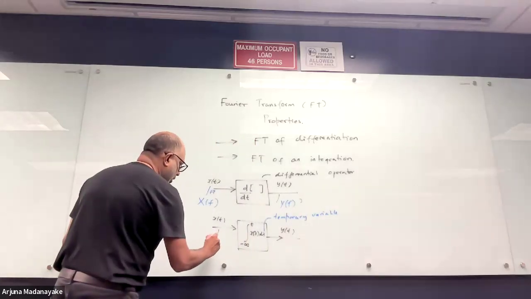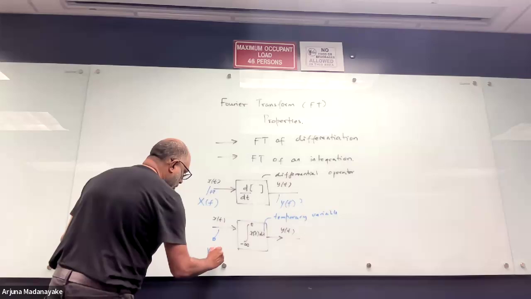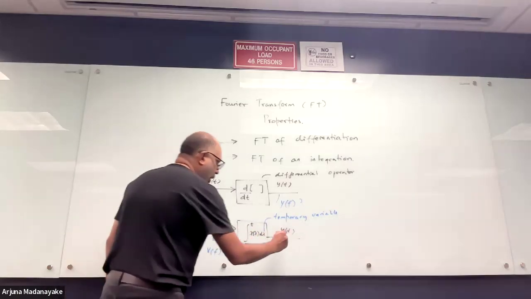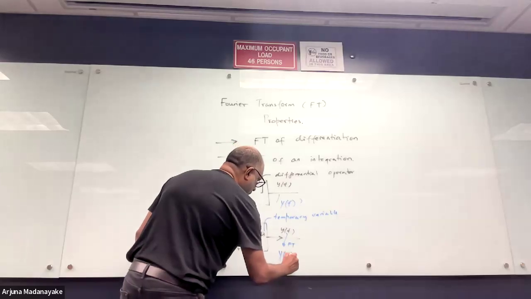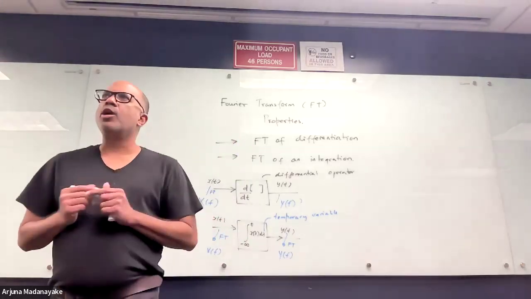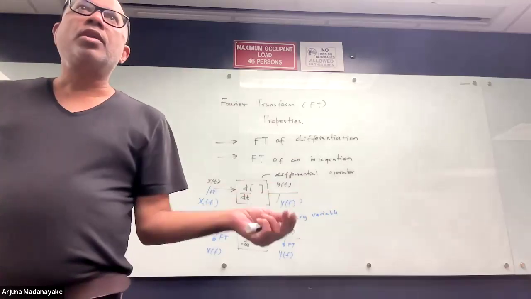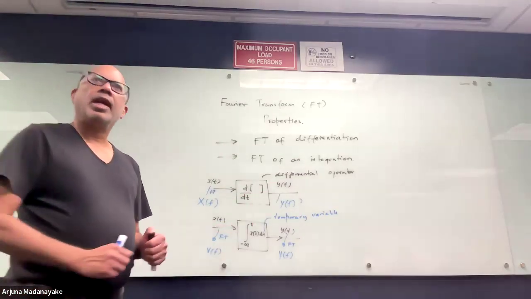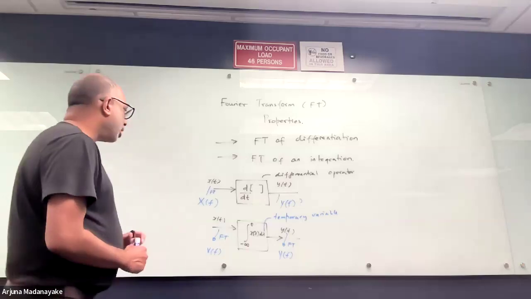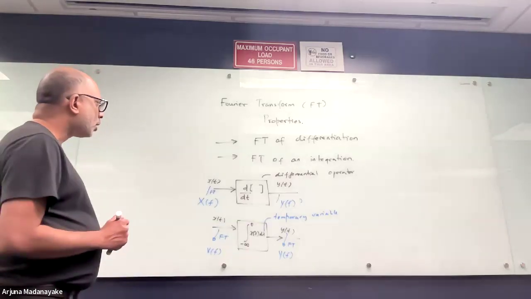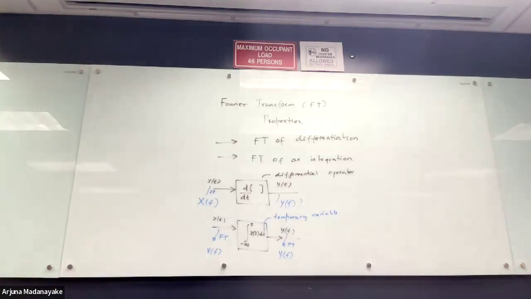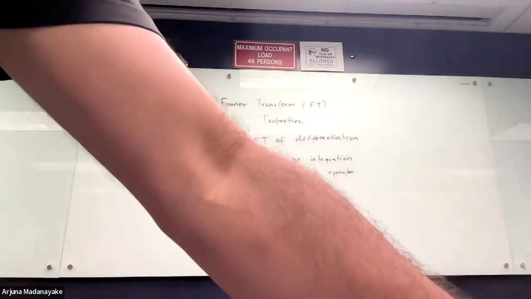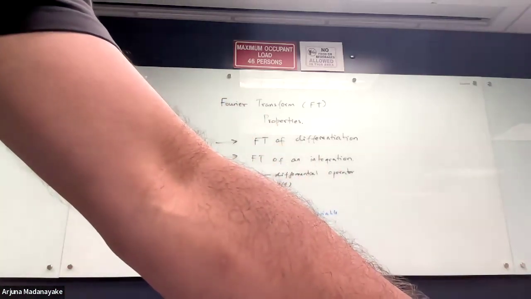So similarly, this has capital X of f, and y has a Fourier transform capital Y of f. We want to express capital Y of f in terms of capital X of f. There are some pretty simple ways of doing that, but we will prove it. That will be the scope for today.